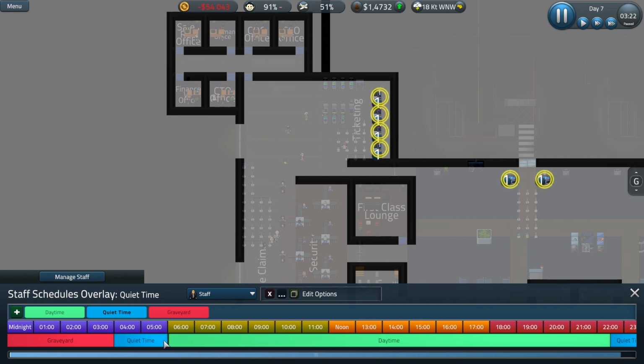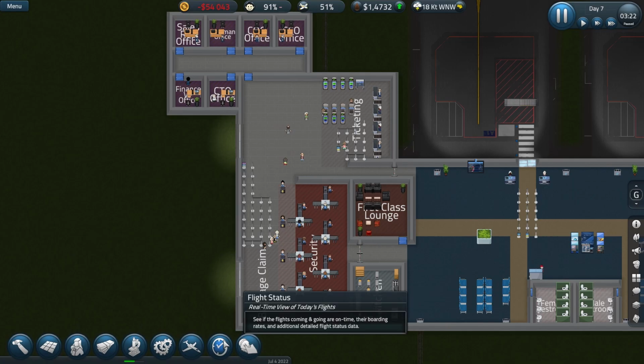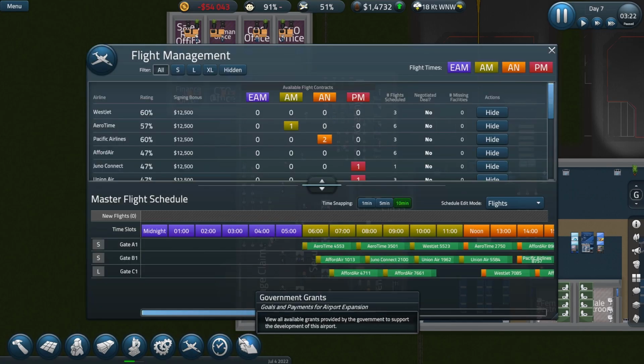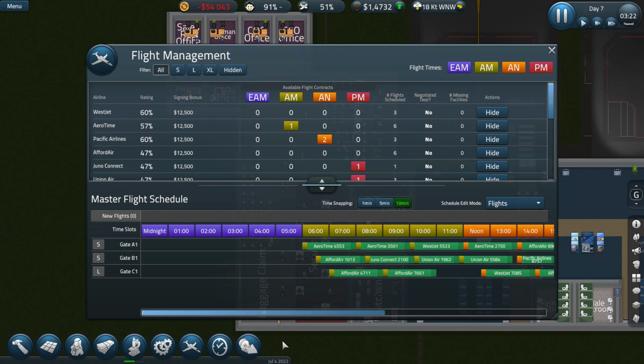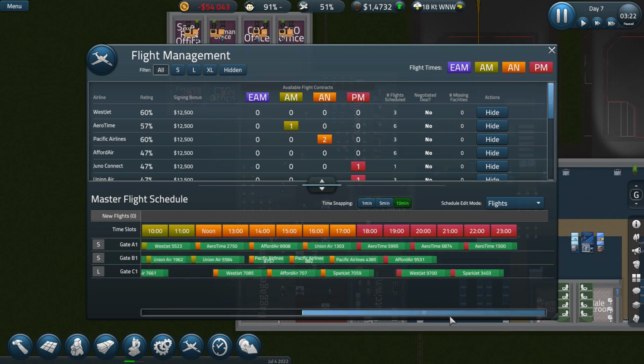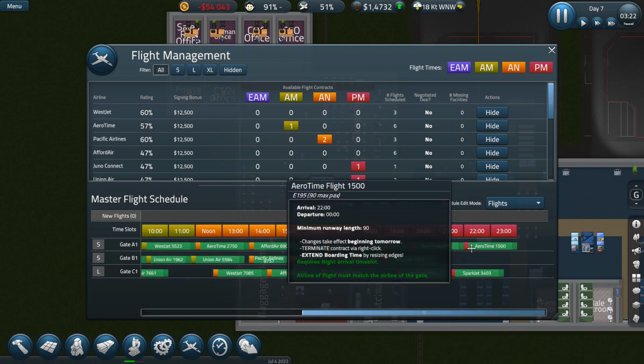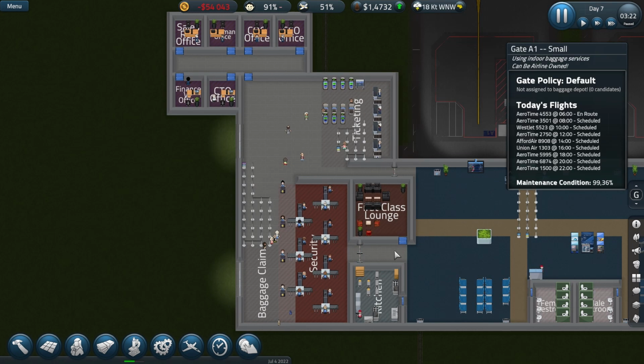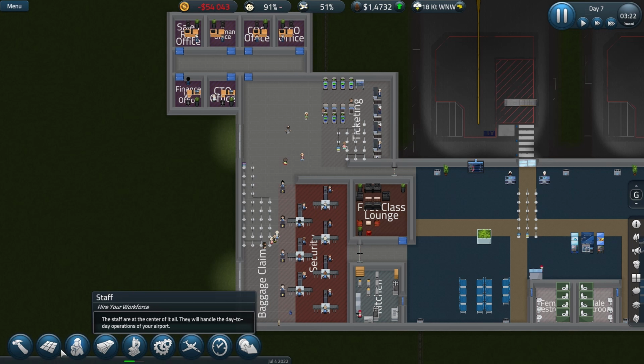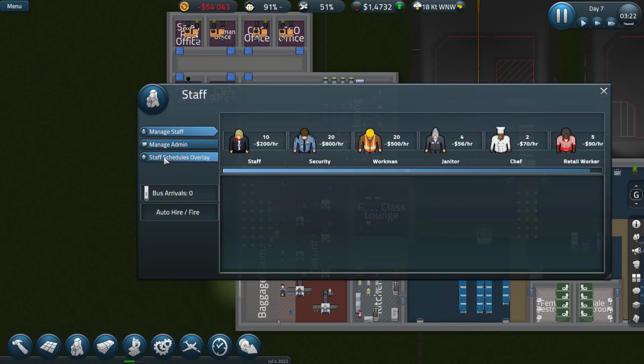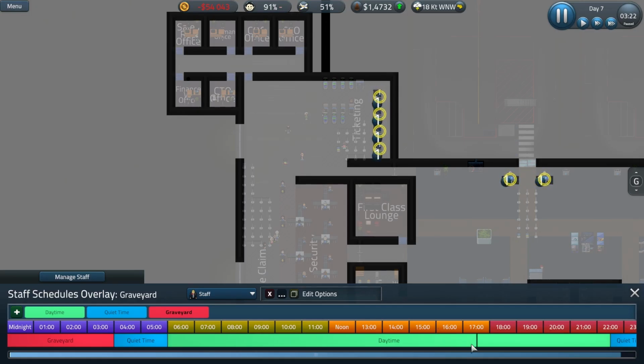That's the kind of time where there are passengers in the airport, but it really isn't that busy like it is during the middle of the day. So let's just check. Our first flight comes in at 6 o'clock in the morning, and our last flight leaves just after 10 o'clock at night. So between those times, we really do not have a lot of passengers in the airport. Obviously, by 3 o'clock in the morning, passengers do start coming in to get that early bird flight.